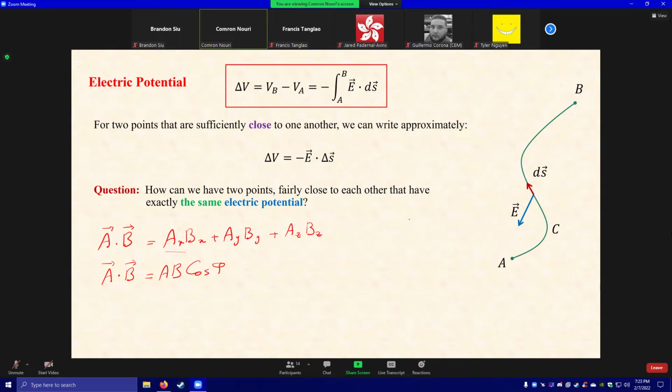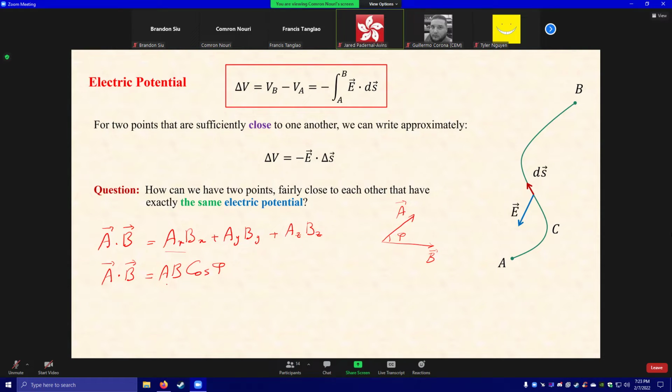Yes. If you have a vector here, another vector here, let's say A, and this is B, and the angle between them is phi, then A dot B can be written this way: magnitude of A, magnitude of B times cosine of the angle between them. So is it possible that A and B are non-zero vectors, but A dot B is zero?